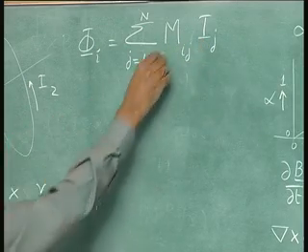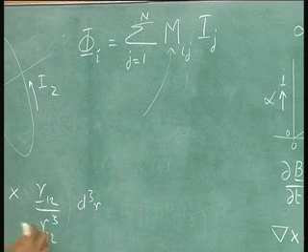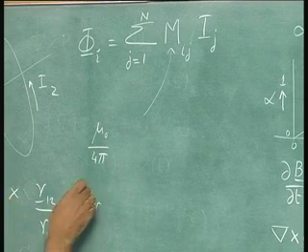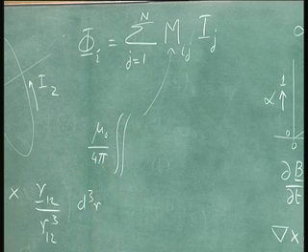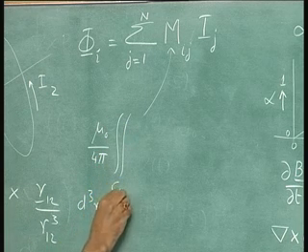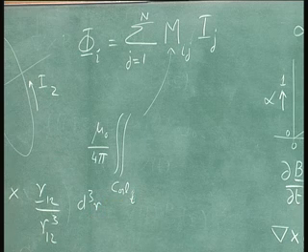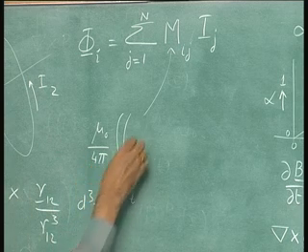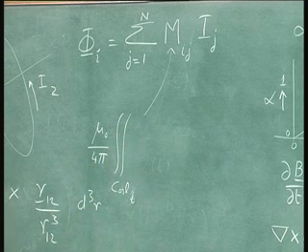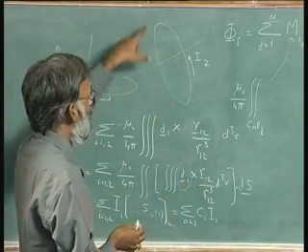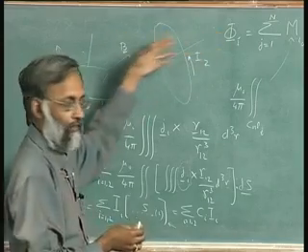So, this M_ij, what would it be? It would be mu naught over 4 pi, integral over the surface of coil 1 or coil i. Then this current, there is going to be a volume integral. Now, that volume integral also reduces to a loop integral because there is no current anywhere else.